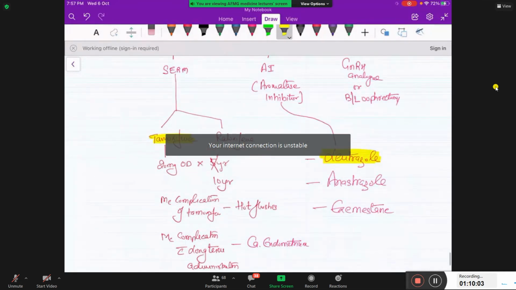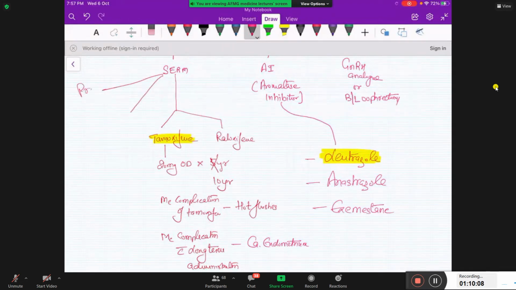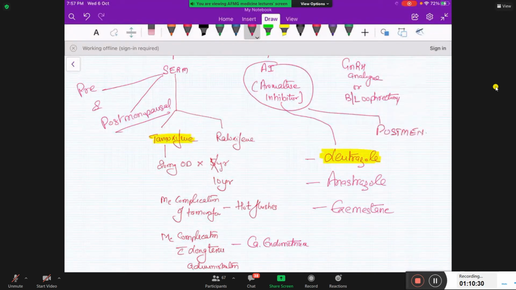Now, very important point. SERMs, please understand these points. SERMs are effective in both pre- and post-menopausal patients, mind it. While aromatase inhibitors are only effective in post-menopausal patients, when the ovaries are non-functioning.